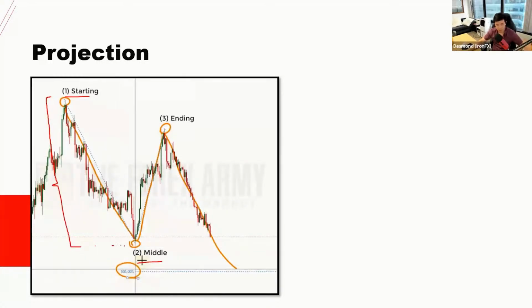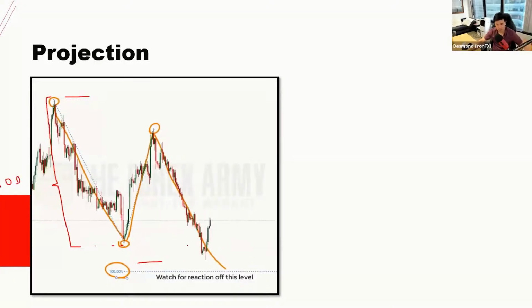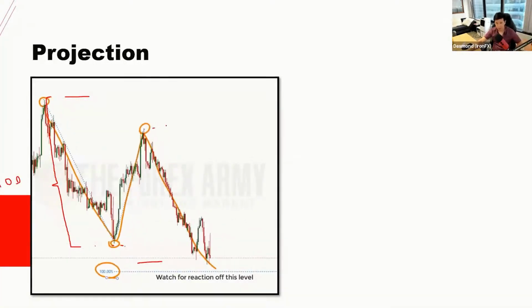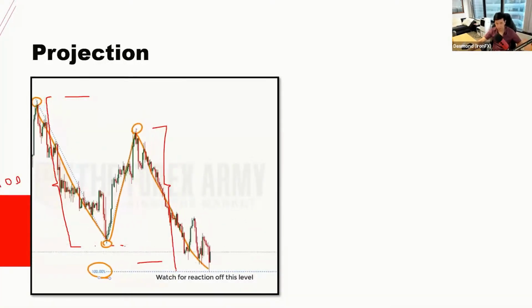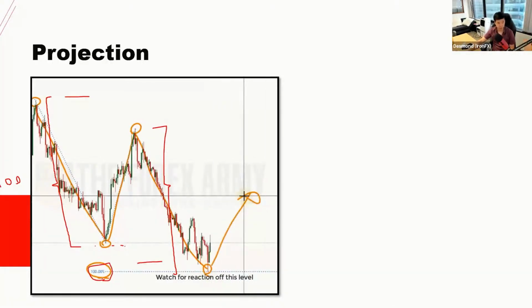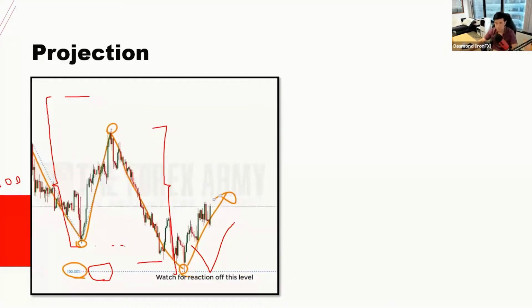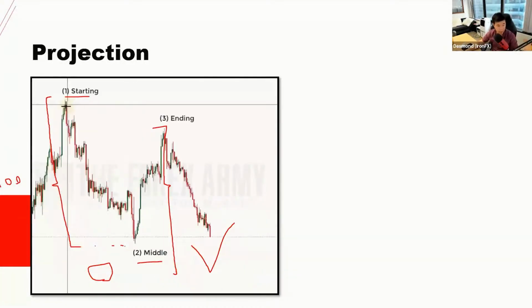Let's say the distance is 100 pips, and you project it onto here, which is another 100 pips. That is what a 100% Fibonacci projection means. You are looking for price to touch and then bounce from there.